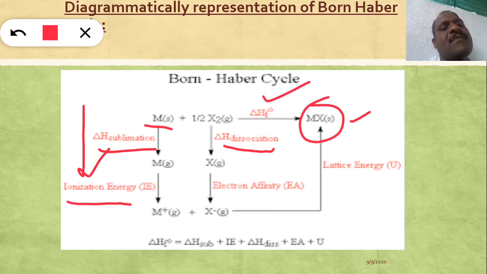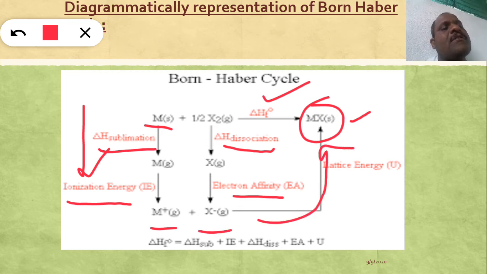The gaseous halogen atom is converted into a gaseous halide ion by electron affinity. Then when the metal ion and halide ion in gaseous state combine to form the metal halide, the energy released is called the lattice energy. So lattice energy is very important to remember.